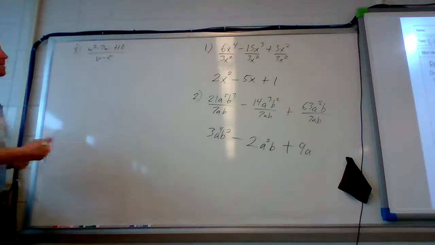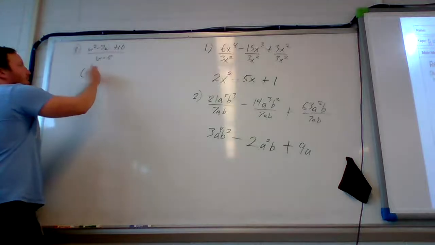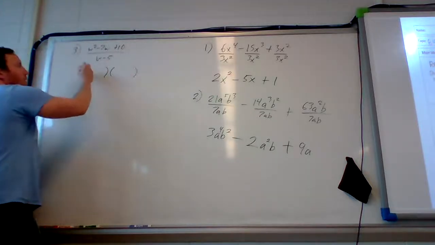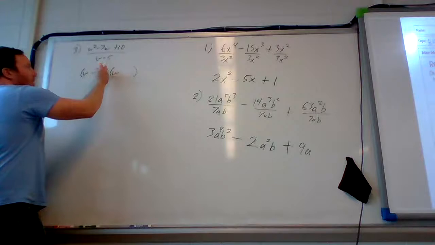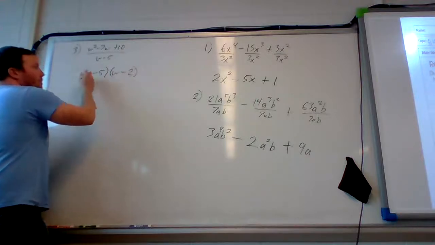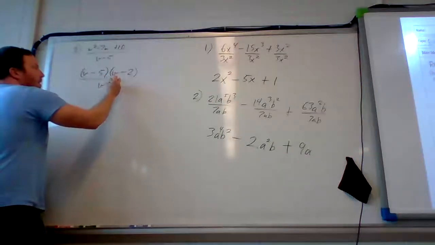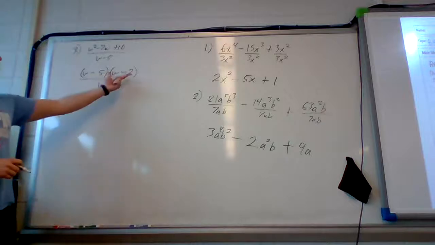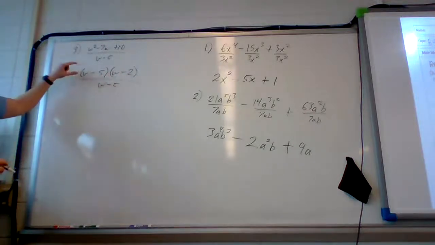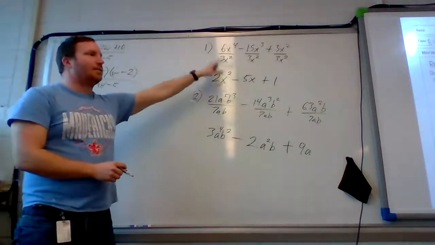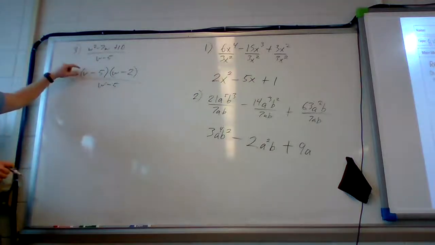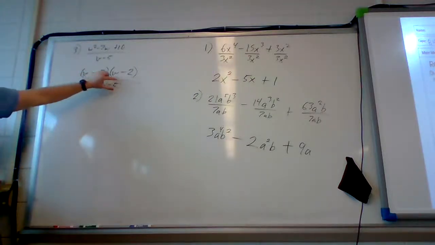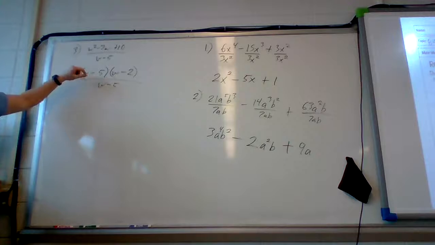So how could we factor the top? What would it factor into? W minus 5, w minus 2. Now, because these 2 things are being multiplied together, I can treat them differently than I could if they were being added or subtracted. So w minus 5 divided by w minus 5.